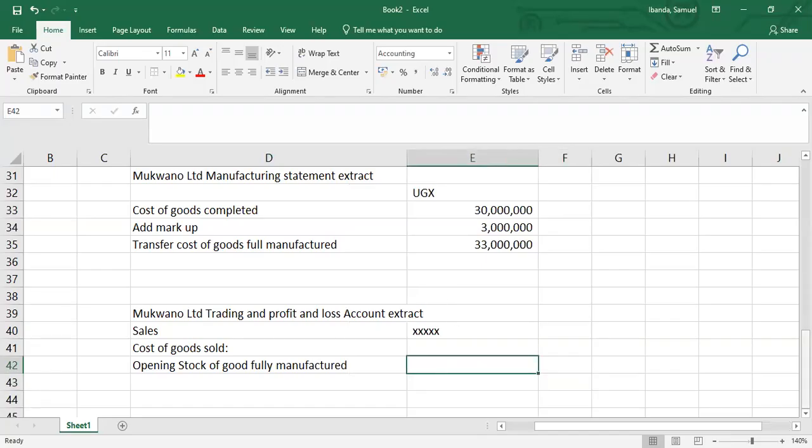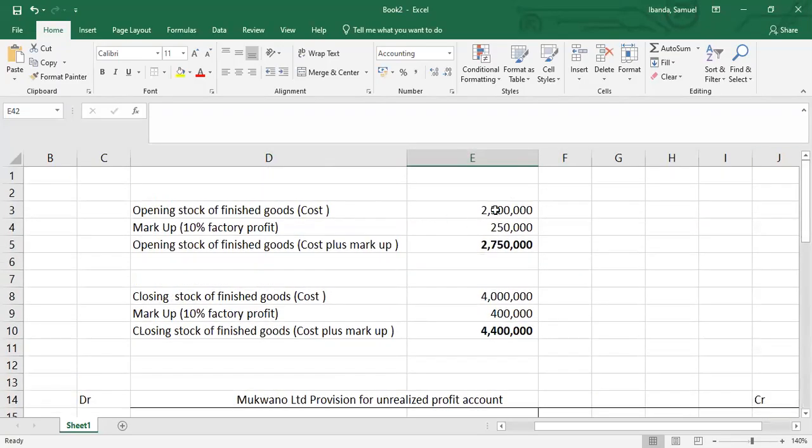And when we are transferring goods at a markup, we should take the opening stock of finished goods at the 2.75, not the 2.5, okay?